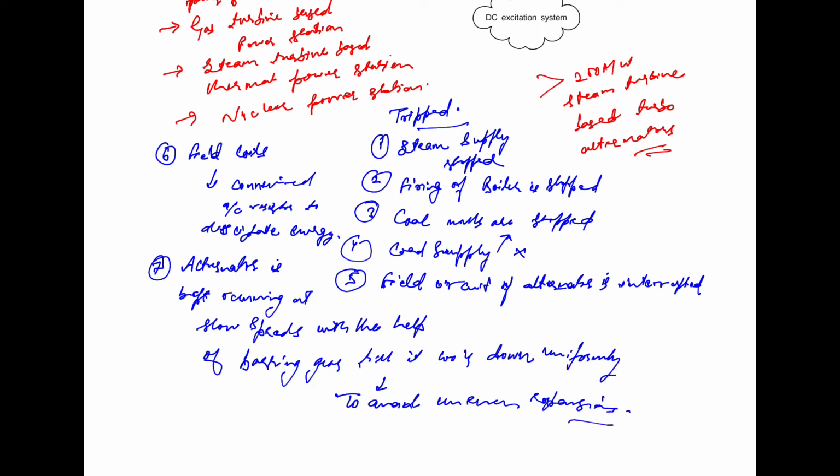Now, putting the alternator back on the line is actually a rather slow process because all the parameters, that is the temperature and the pressure, have to be progressively built up to avoid thermal shock, resulting in uneven expansion, which might cause unacceptable vibrations.